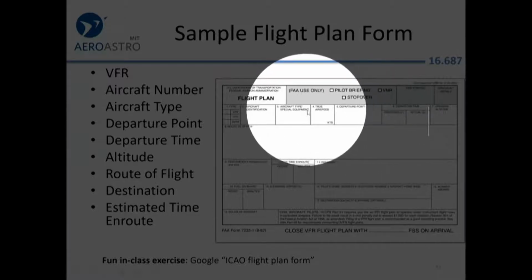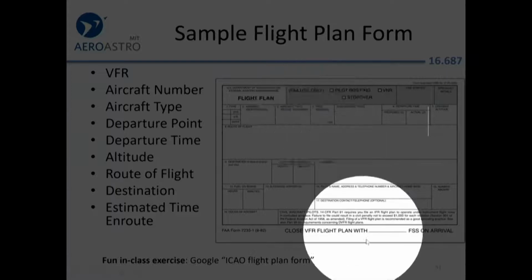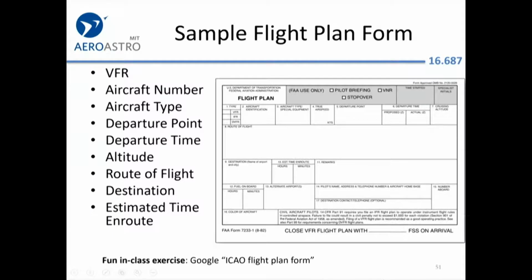Also on the aircraft type, there's a slash for special equipment. So if you have a GPS on board, which is no longer special, but anyway, you're supposed to put /golf, so SR-20 /golf. So the controllers, if they're actually talking to you, they know that, they can tell you to go direct to some fix that's only in the GPS. Anybody find the ICAO form? Who wants to fill it out?